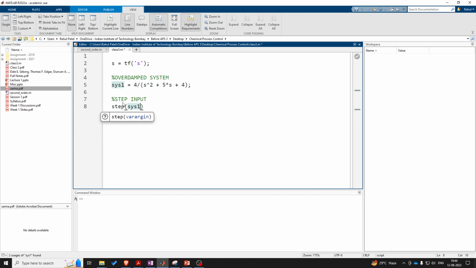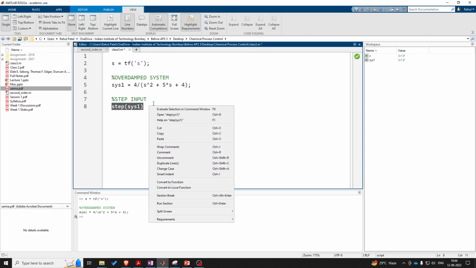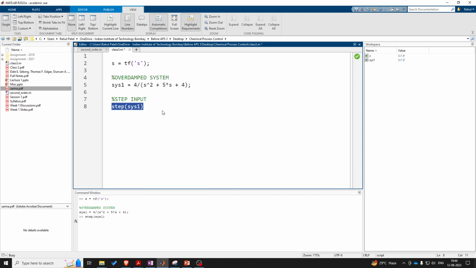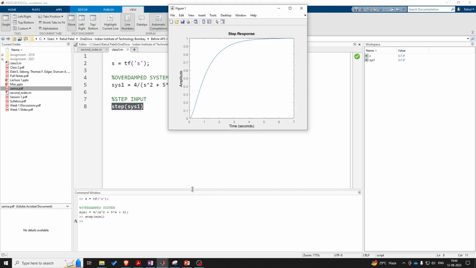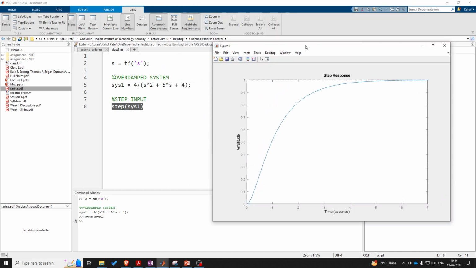It's SYS1. Then we can just run it. So this is the response of a step input for the given second order system.